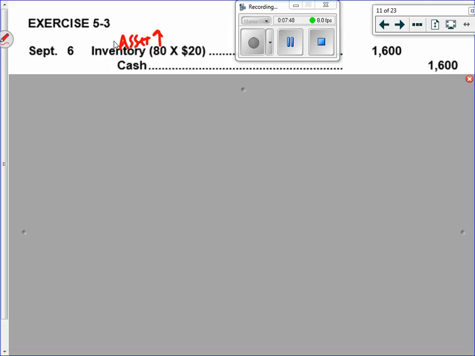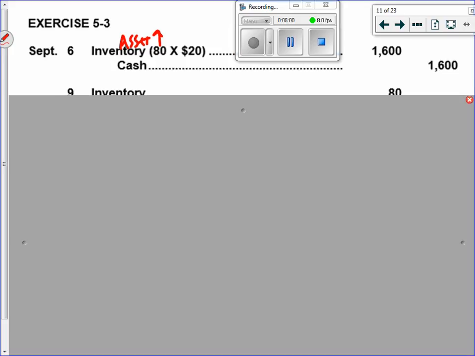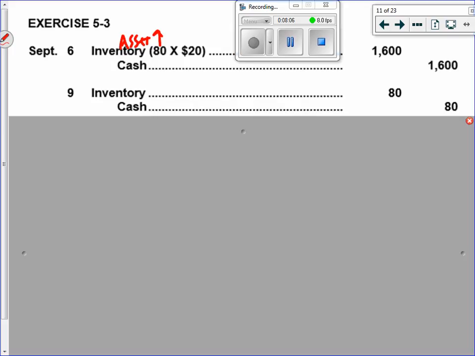Okay, when we pay for shipping, when we're buying from someone, what's our debit? What's going up in value? Inventory is going to go up by $80, and cash will be reduced by $80. And what I do here, because it doesn't say paying for shipping, it doesn't say that it's inventory, I would put plus shipping.